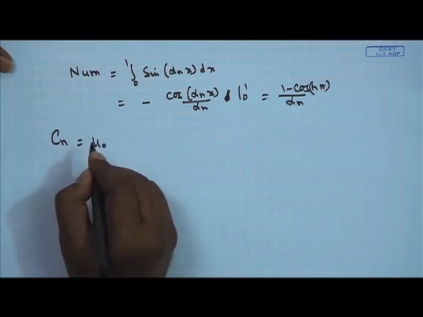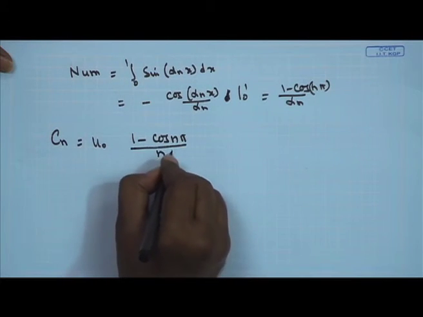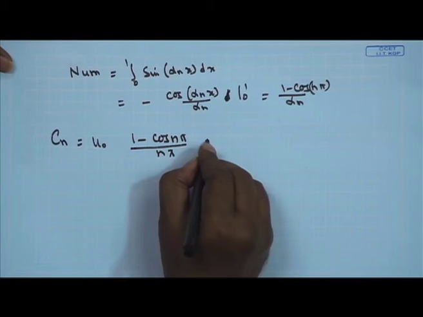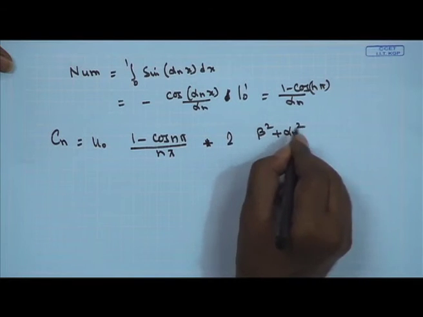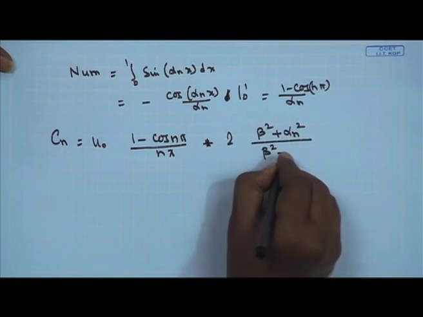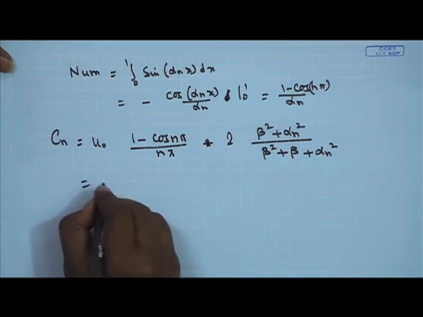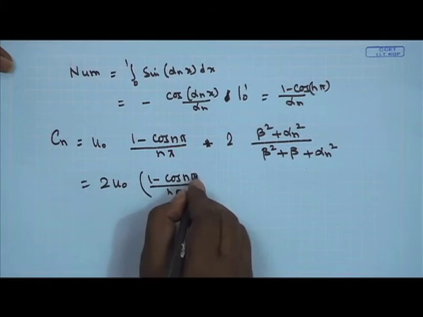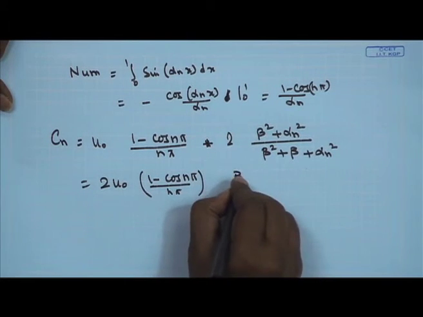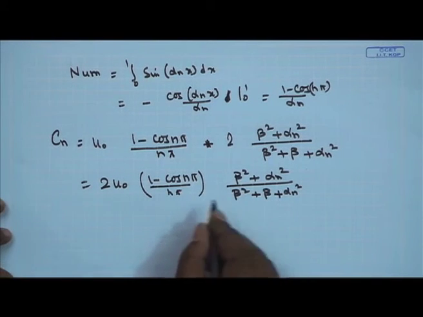So now we will be getting the complete solution of Cn. Cn is equal to u naught. So numerator is 1 minus cosine n pi by n pi, and denominator will be reversed. So we will be having 2 u naught times 1 minus cosine n pi divided by n pi, multiplied by beta square plus alpha n square divided by beta square plus beta plus alpha n square, and we will be having a complete solution.